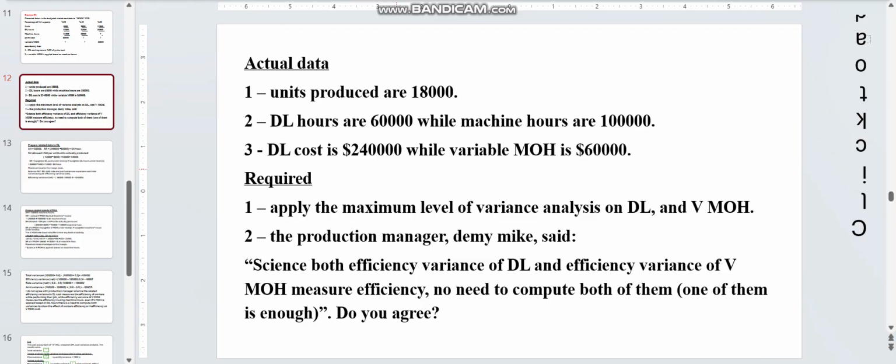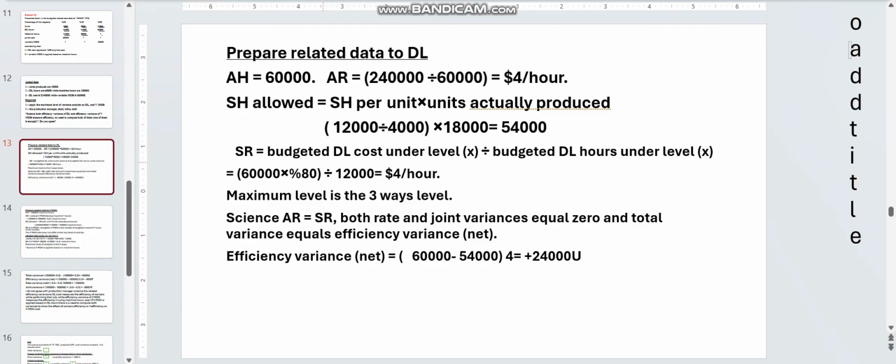Now, for direct labor cost analysis of variance, we need both actual hours and actual rate. Actual hours are clearly 60,000. Actual rate equals actual cost over actual hours. 240,000 over 60,000, we get $4 per hour.